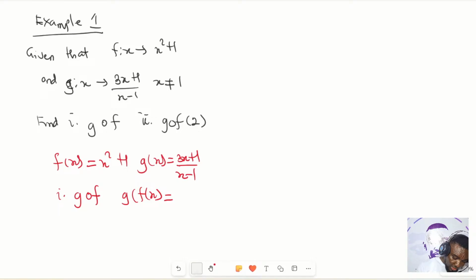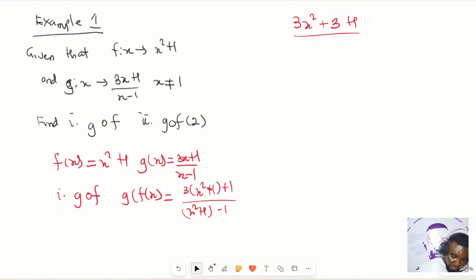So this means that we'll take the function f, and wherever we see x, we'll put the function g there. So that would give us 3, and wherever we see x, we put x squared plus 1. So it becomes 3 times x squared plus 1, plus 1, all over x squared plus 1 minus 1. We can simplify this expression by having 3 multiplying x squared as 3x squared, and 3 multiplying 1 as 3, then plus 1, and then the denominator will have x squared plus 1 minus 1.